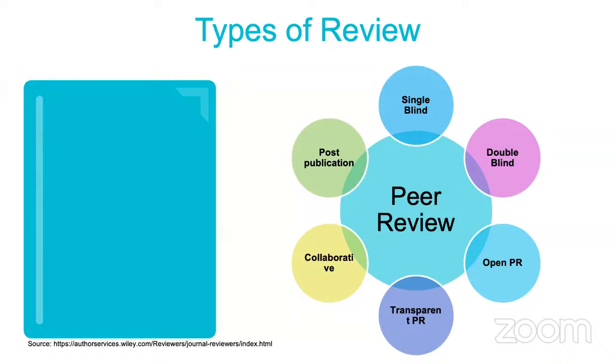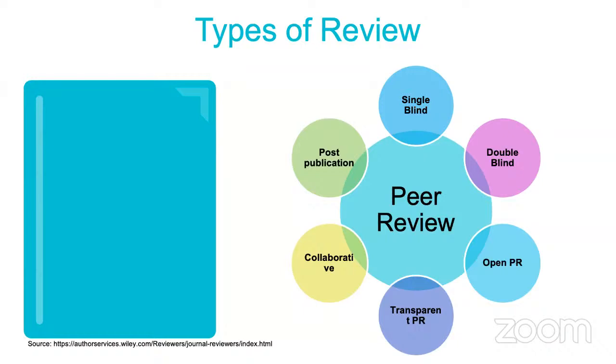Okay, whatever exchange takes place between the peer reviewer and the author will get published along with the article. Okay, so I think that is the transparent peer review, where whatever questions or feedback the peer reviewer has given, and what reply is given by the author to the peer reviewer, again, those letters are also published along with the article. Okay, so that is transparent peer review.